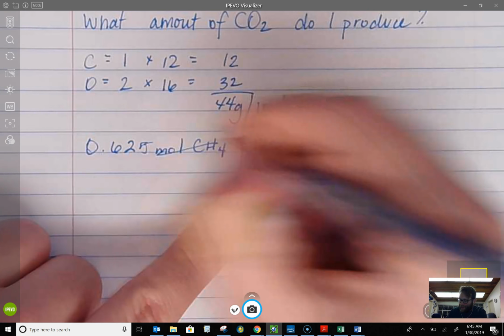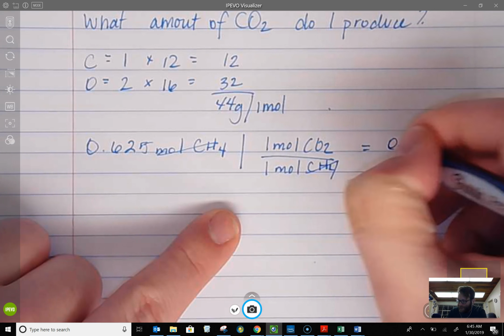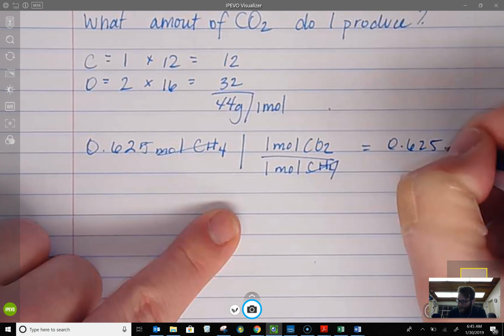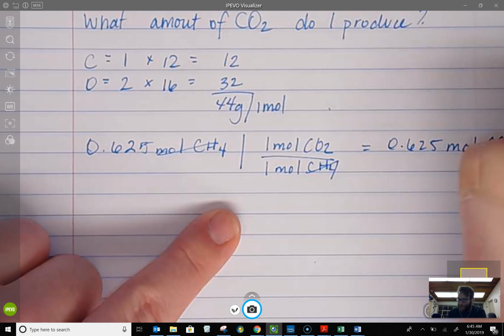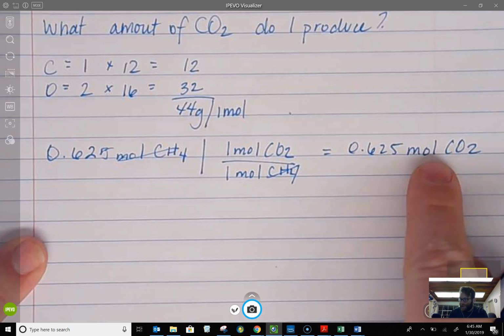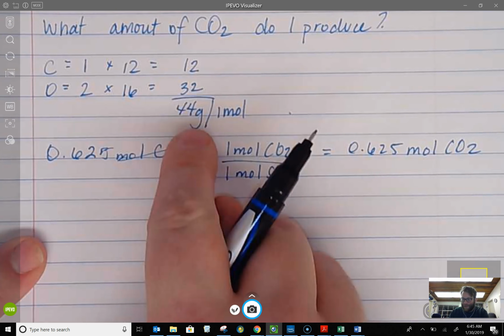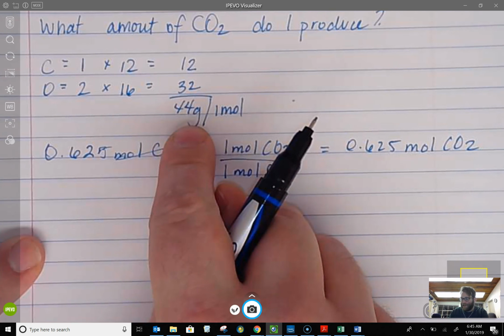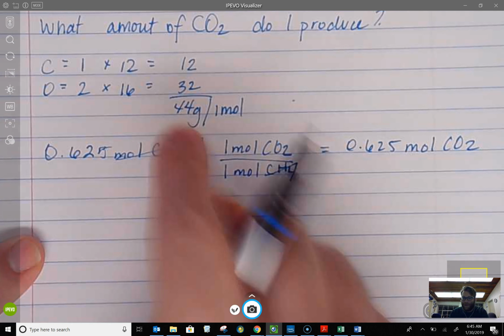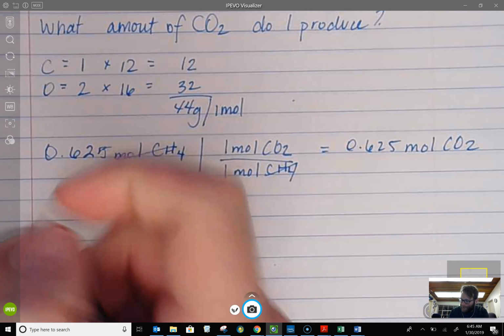So again, these cancel out. I multiply this across, so I get 0.625 moles of CO2. Okay. So like before with the oxygen, I can plug in this value, multiply it by its conversion factor, and figure out how many grams of carbon dioxide I produce in this process.